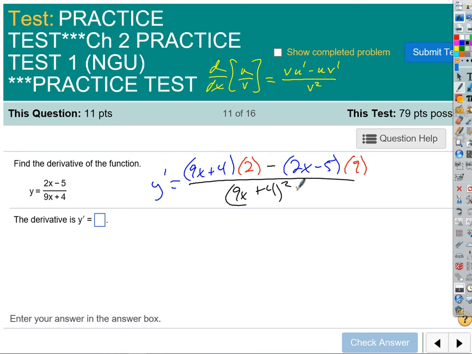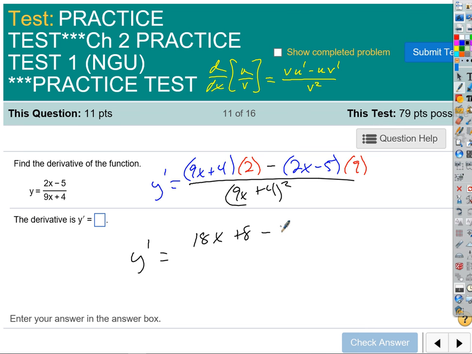On the top, we do have to clean this up. So we're going to have to distribute the 2, distribute the 9, and collect terms. So we get fewer terms. We really do want to simplify that. So what's that give us? If I distribute the 2, I get 18x plus 8. Let's distribute the minus 9, right?